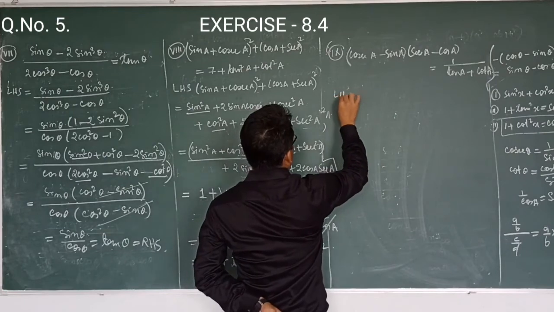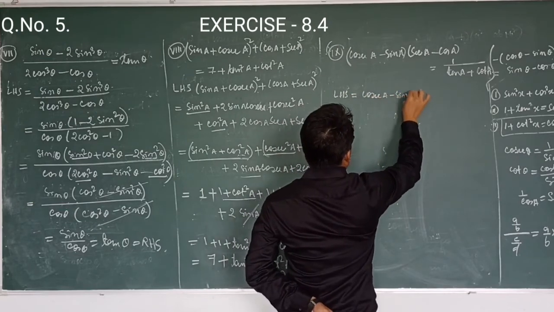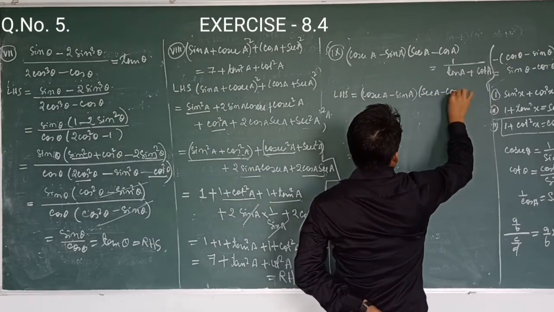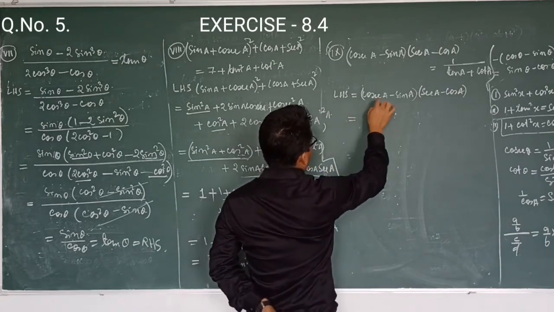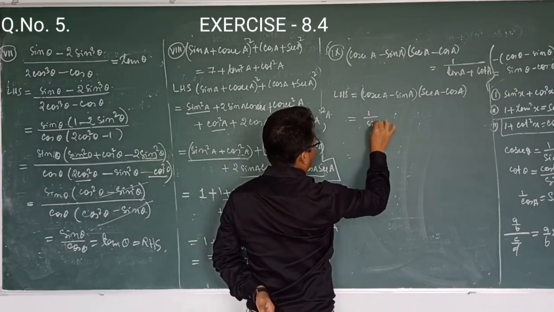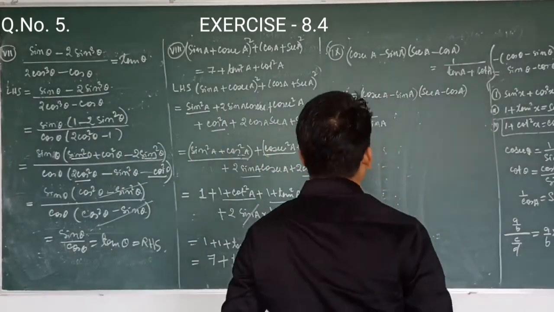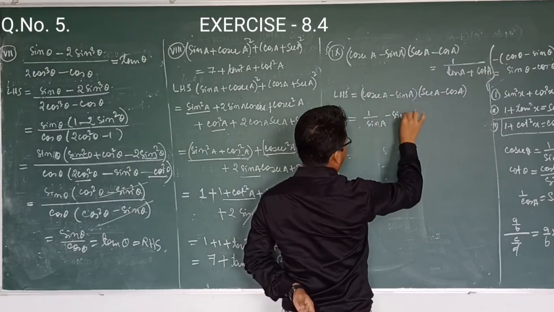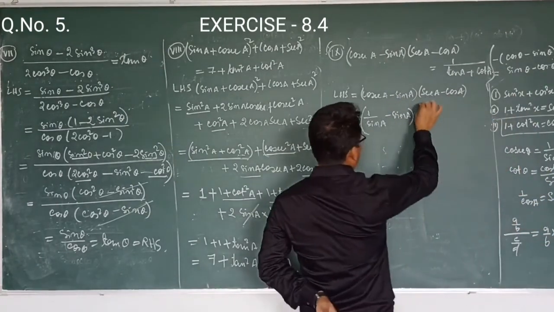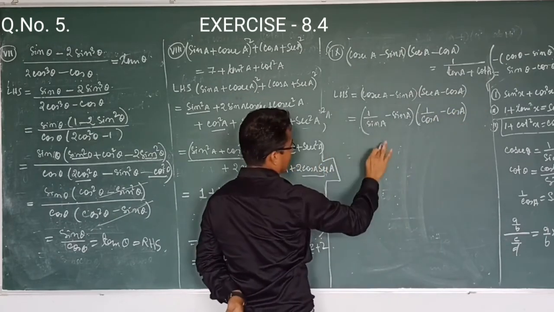Left hand side is equal to cosec A minus sin A, over sec A minus cos A, which is equal to, cosec A means 1 by sin A, minus sin A, and sec means 1 by cos A, minus cos A. So let's see.